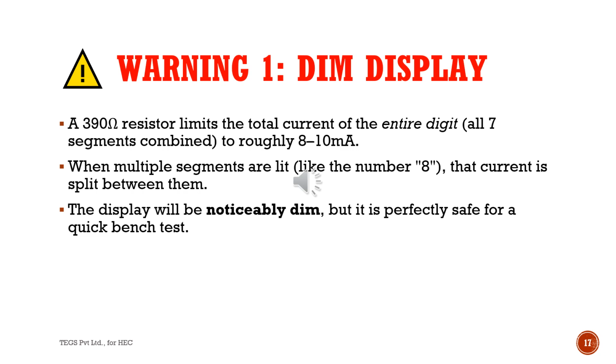When multiple segments are lit, like number 8, the current is split between them. The display will be noticeably dim, but it is preferably safe for a quick bench test. And the display brightness will fluctuate depending upon the number of segments lit.